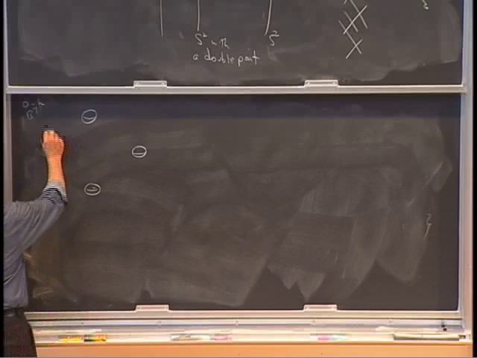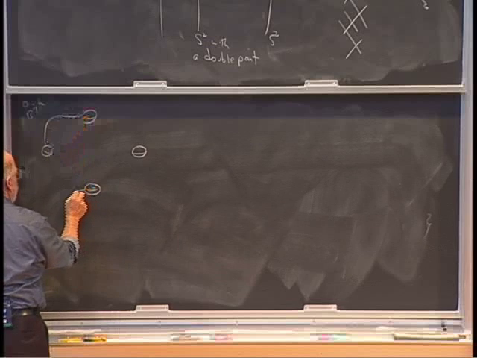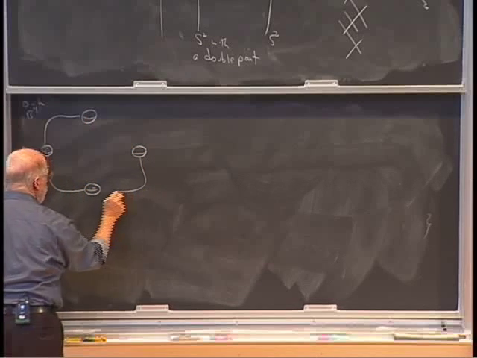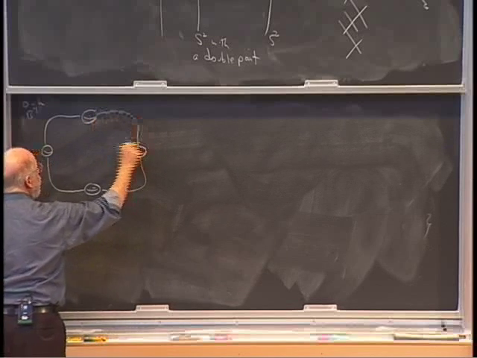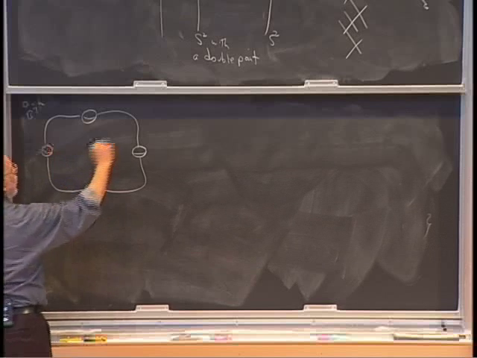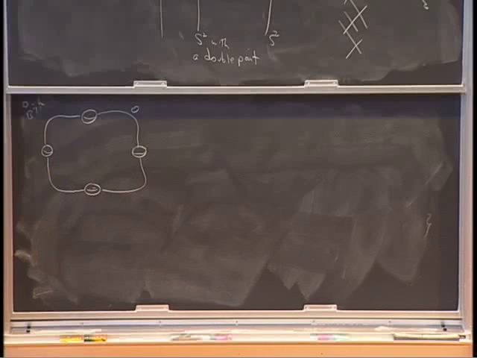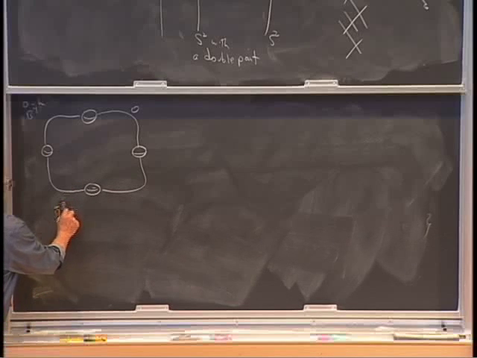And then you add a 2 handle, which goes over, over, over, and then back to where you started with, and it has framing 0, and that should be a picture of the torus, which you all know. And then because this is 4-dimensional, it's a torus cross B2.